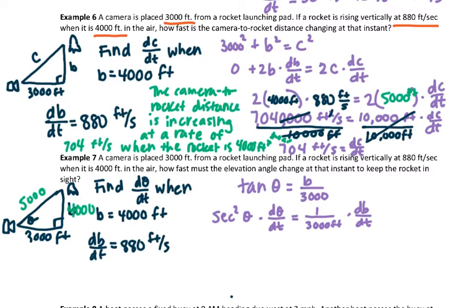So we're going to have 5,000 over 3,000, which simplifies to 5 over 3. So 5 over 3 squared times d theta dt, which we don't know because that's what we're going to solve for, equals this constant.